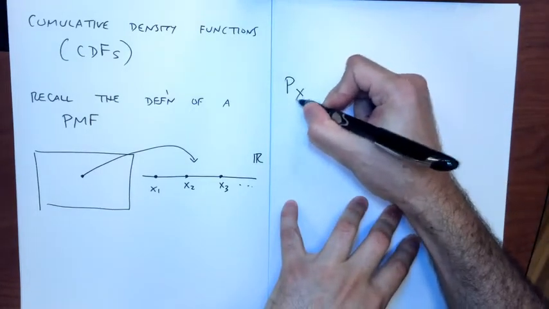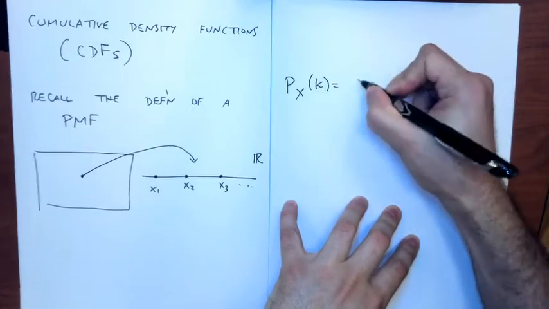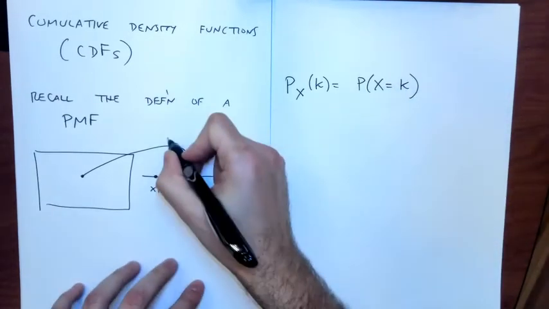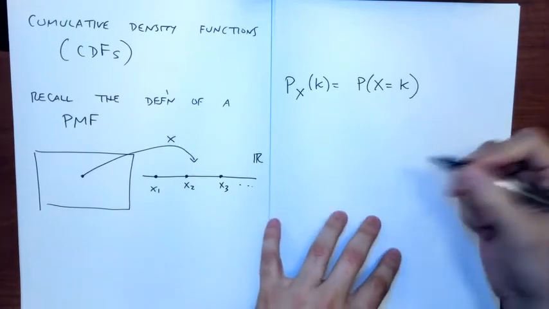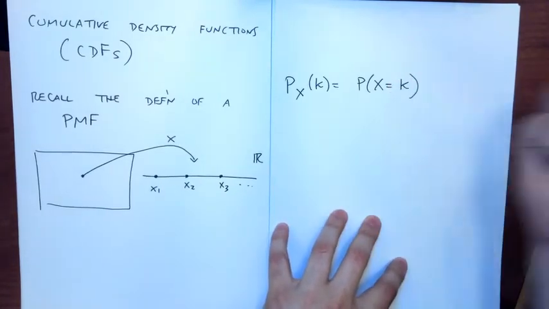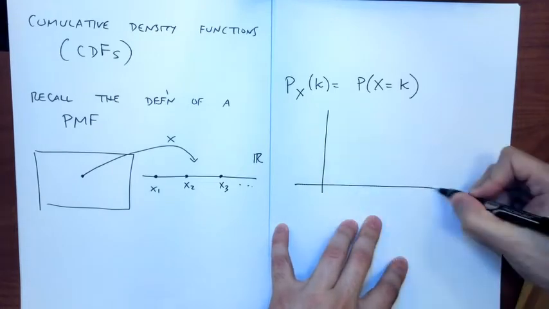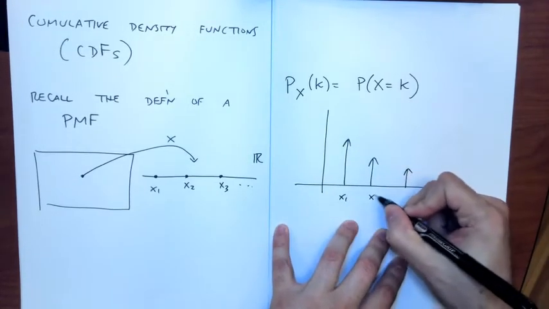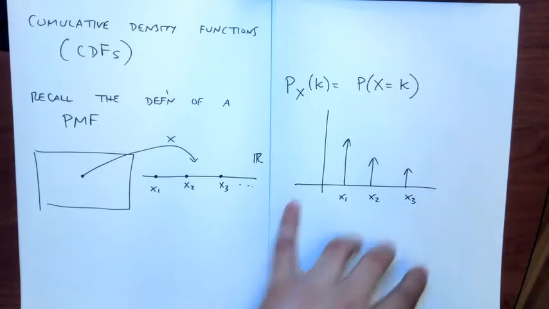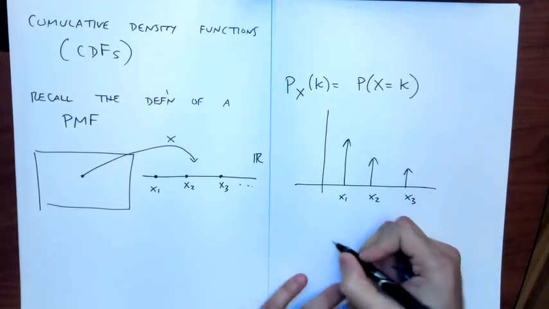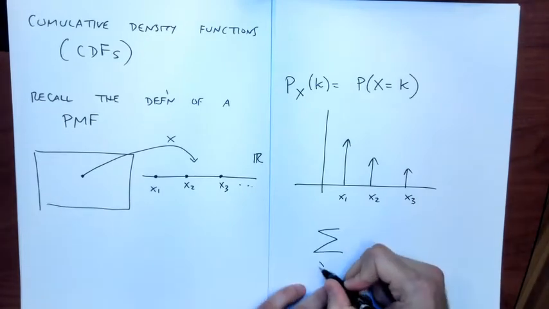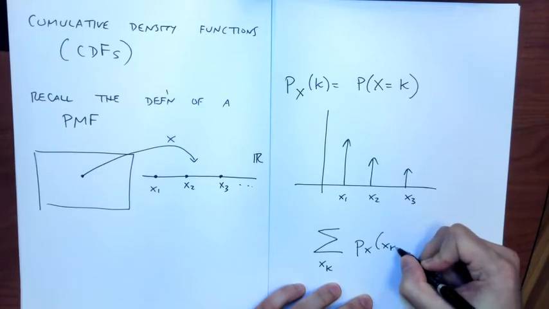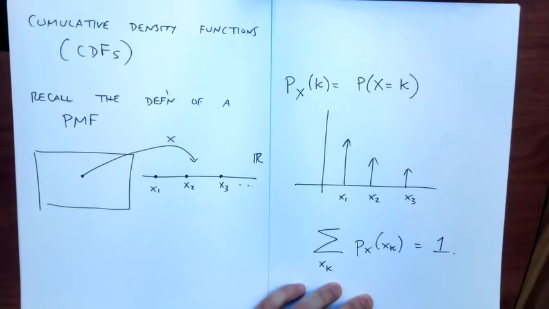The probability that the random variable X is equal to k is, basically, we drew it like a bunch of arrows like this, where these were the possible values of the random variable, right? And we know that if I add up over all the possible values, the probability mass function, these have to sum to 1, right?